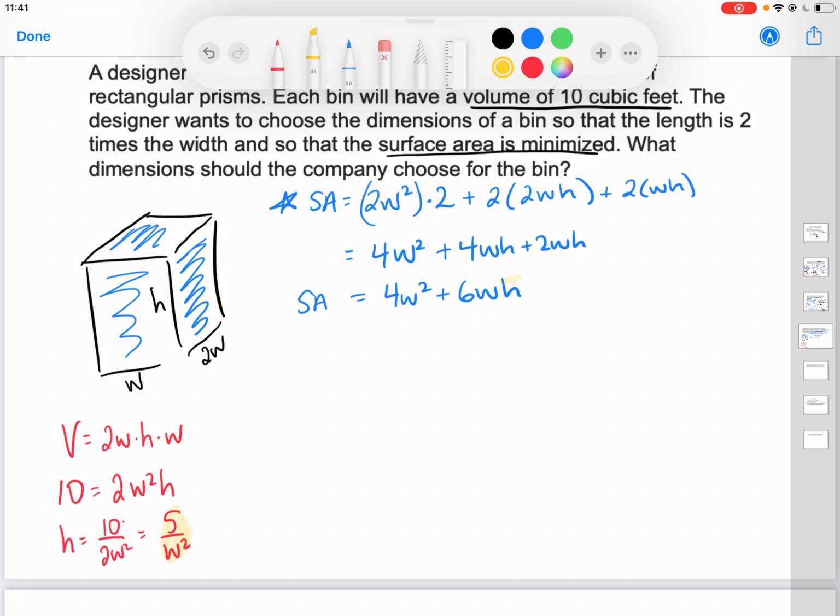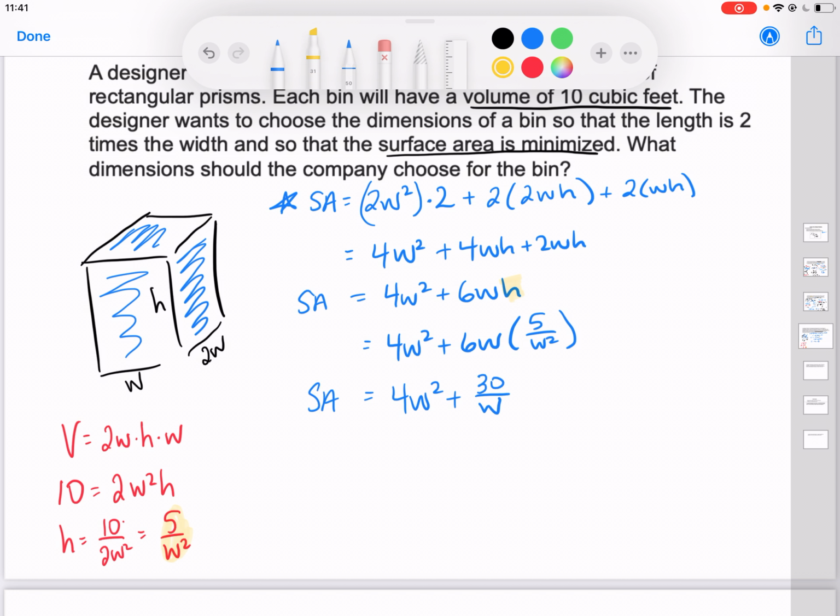This is equal to 4w squared plus 6w times 5 over w squared. And I'll clean that up and you get 30 over w for our surface area.